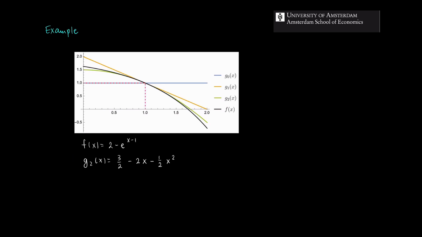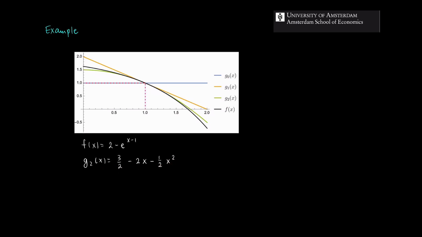So for example, here we have the old candidates: the graph of the constant function g0, and the linear one, g1, the one with the yellow graph. We also have the green graph, which is a newly defined function g2, which is 3 over 2 minus 2x minus a half times x squared.